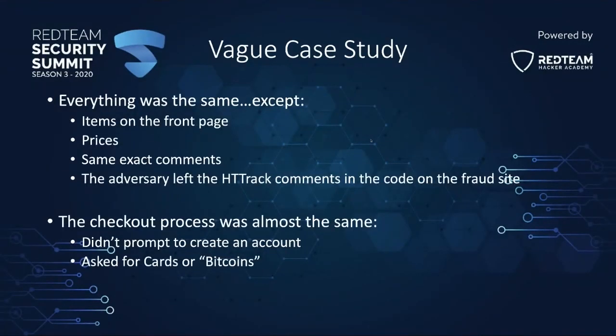So the items on the front page were different. The pricing was different, but the product reviews had the exact same comments, and that's what gave this away. And again, the comment saying this was cloned on such and such date by HTTrack was left in the code. So some rookie stuff, right?